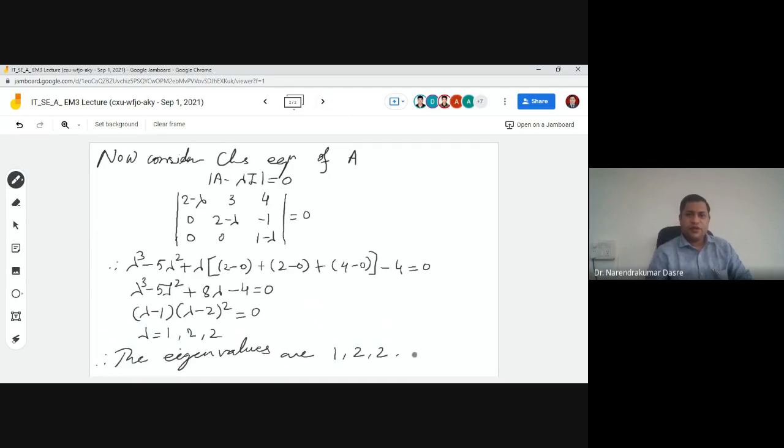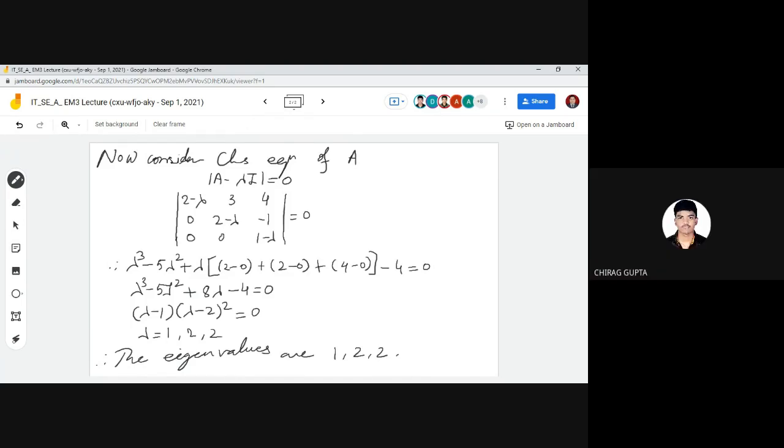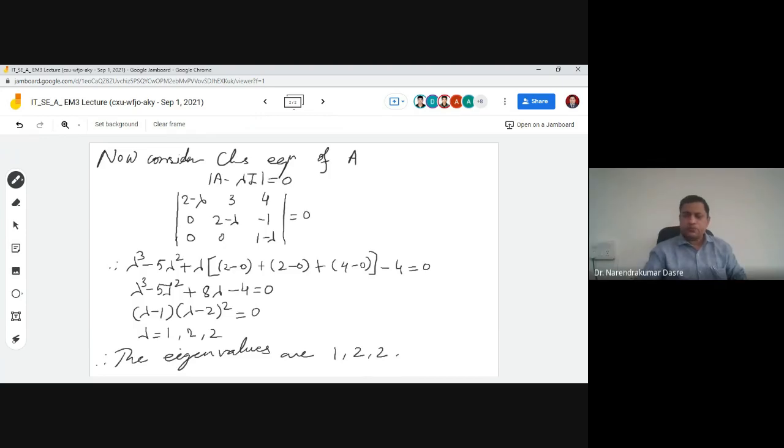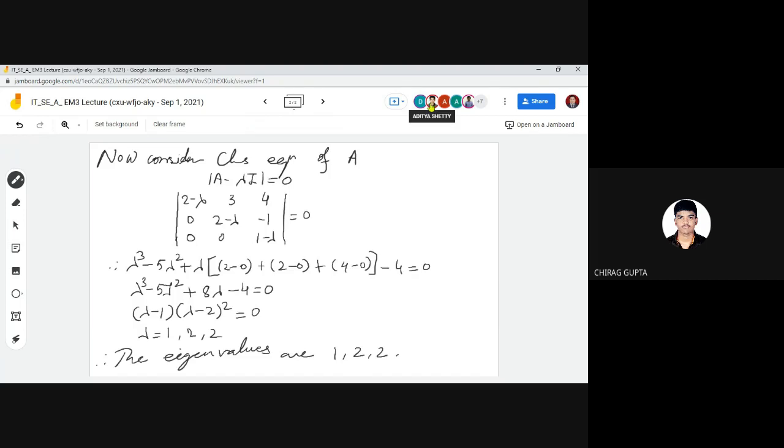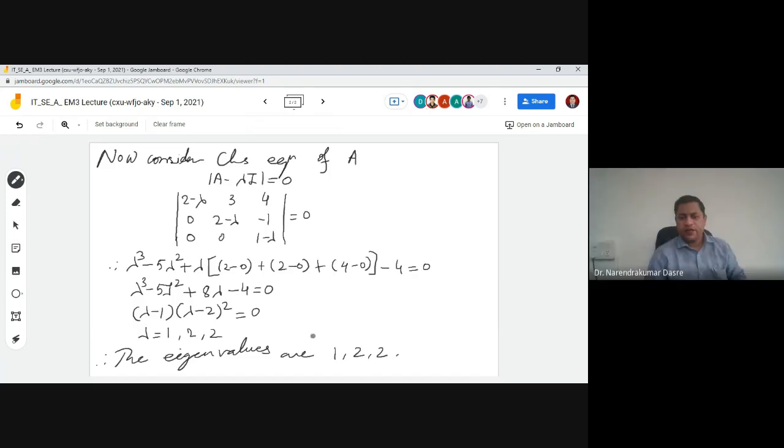Which multiplicity can we identify from this? Chirag, which multiplicity can you identify from the characteristic equation? Here we identify geometric multiplicity.